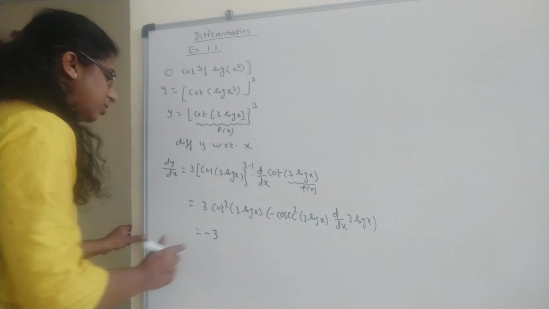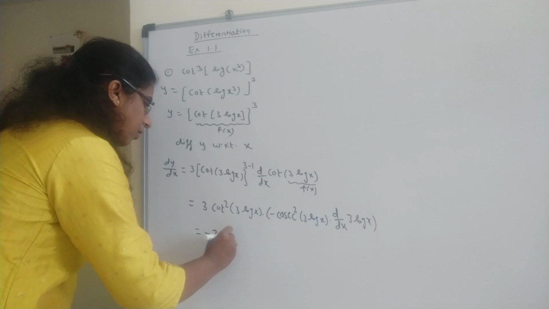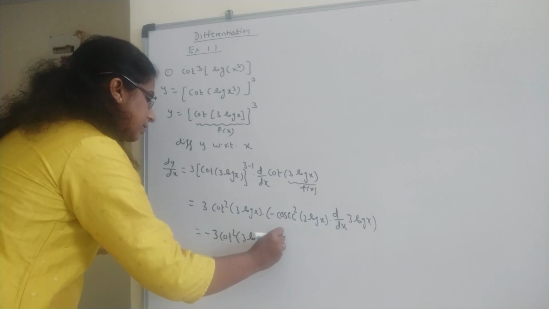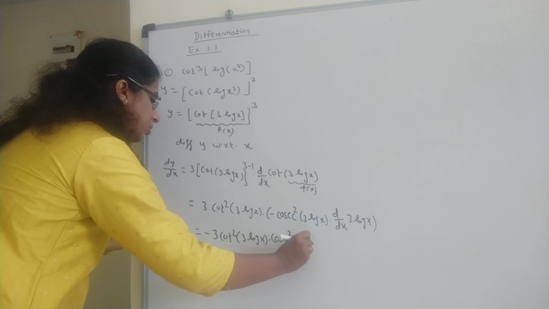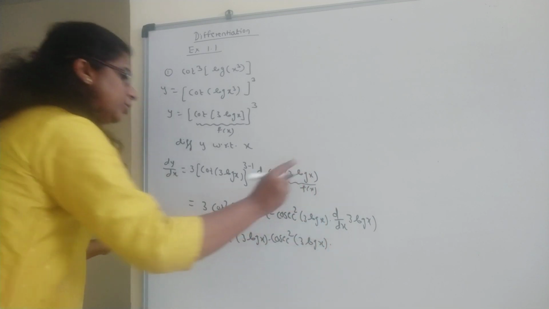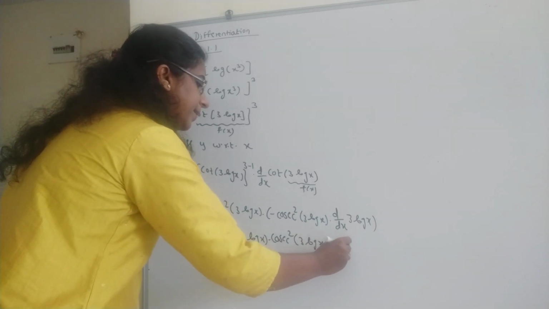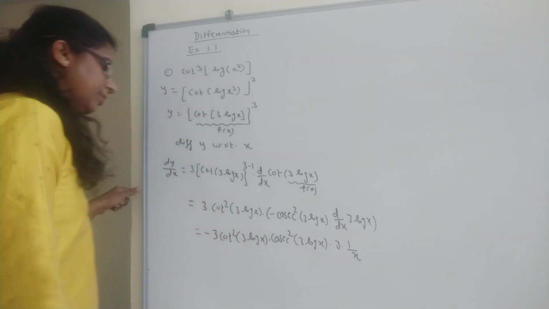So it is minus 3 cot square of 3 log x into cosec square of 3 log x into the derivative of 3 log x. 3 is a constant multiplied by the derivative of log x, that is 1 by x.